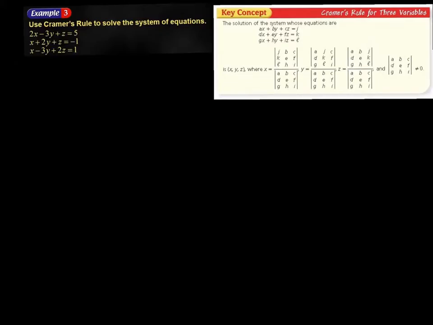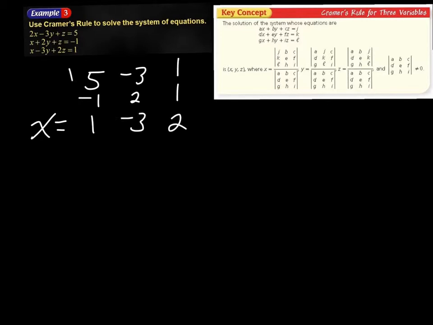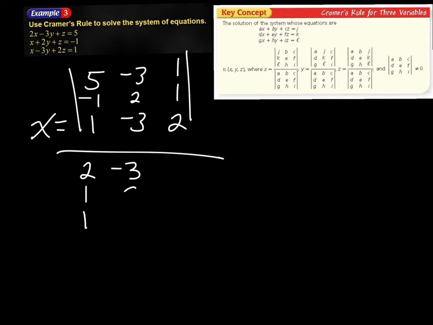The main thing you need to be comfortable with using Cramer's rule to solve a system of 3 equations is the setup. So to find X, I'm going to have constants, coefficients of Y, coefficients of Z, all over coefficients of X, coefficients of Y, and coefficients of Z. And we'll go through the setup for Y and Z as well.